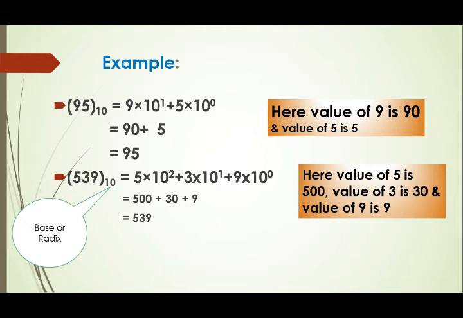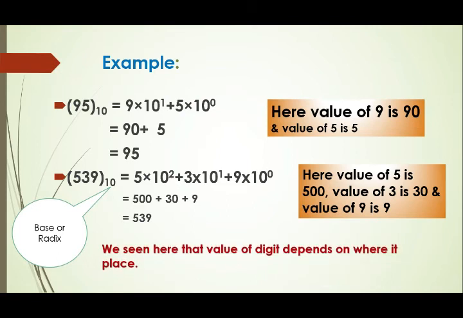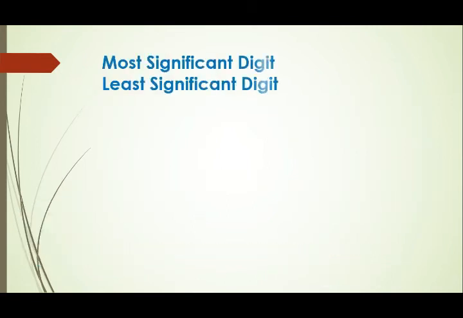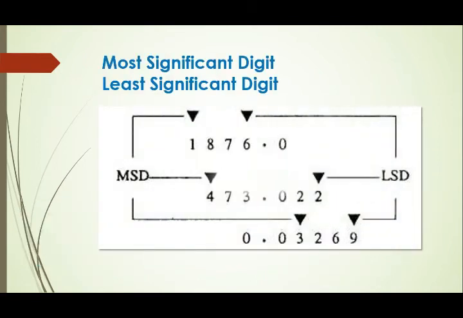It's called place value. So which is the most significant digit and least significant digit? See here, 473.022. LSD is called least significant digit, MSD is called most significant digit.